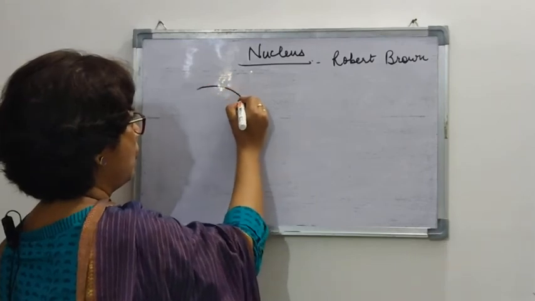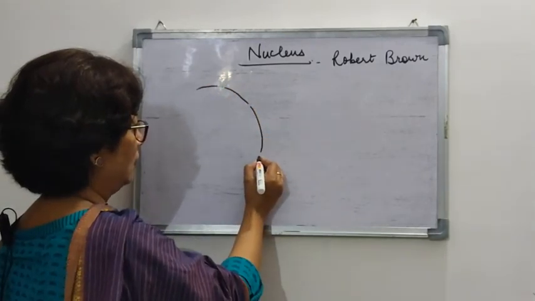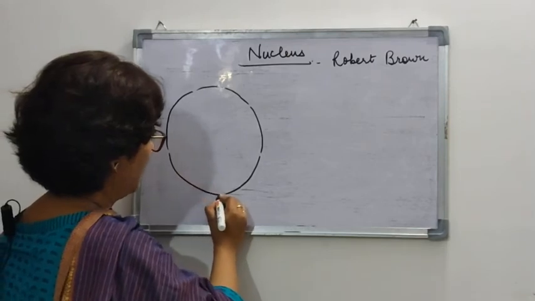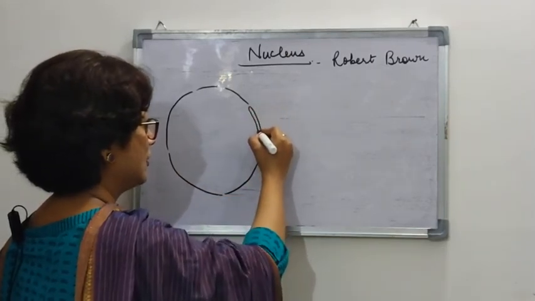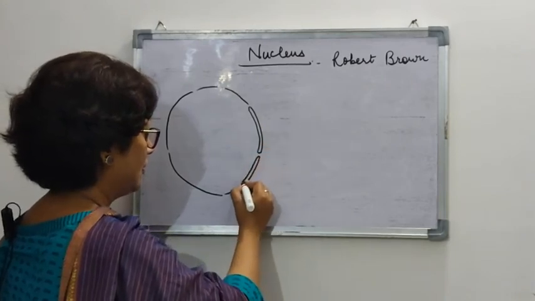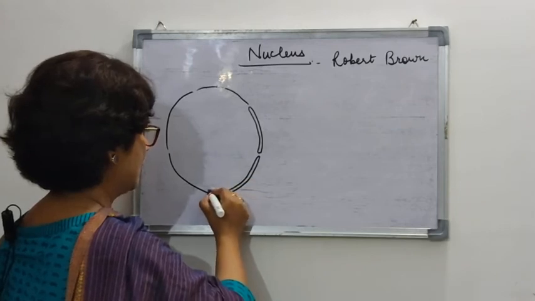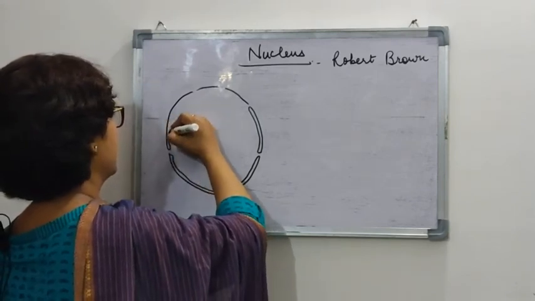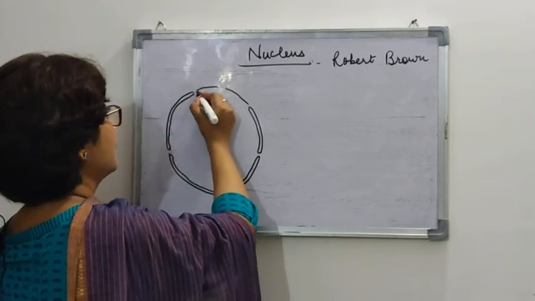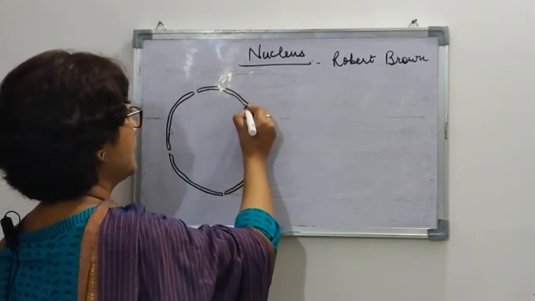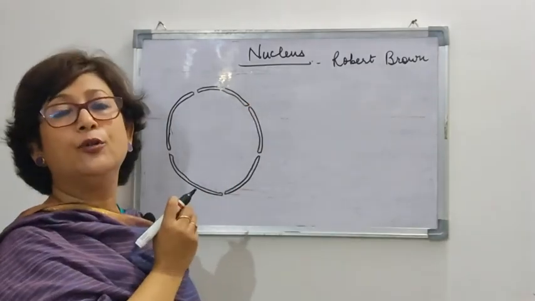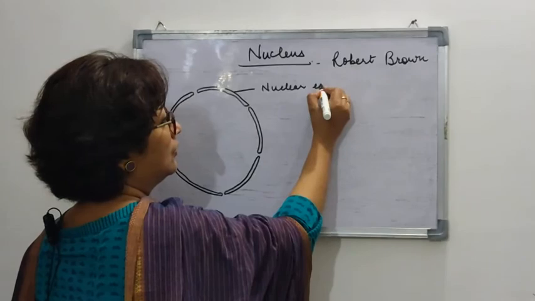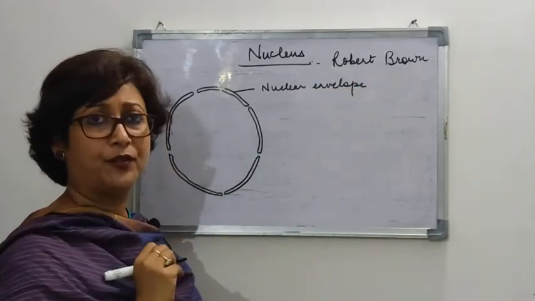So if we draw a cell, a nucleus, a double membranous structure here, we see that this is known as the nuclear envelope, right.